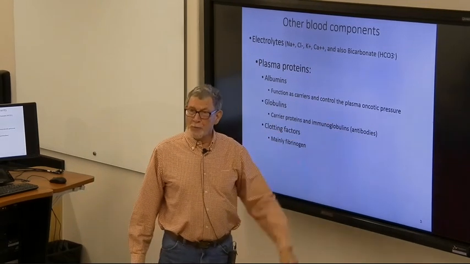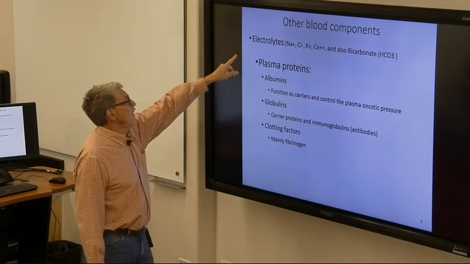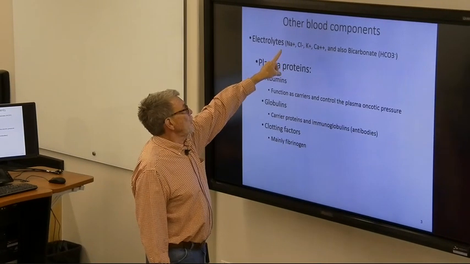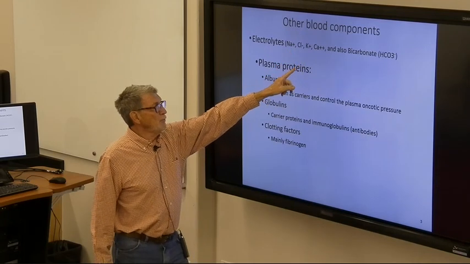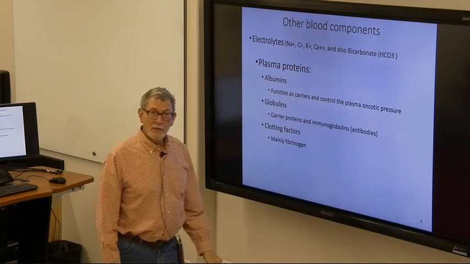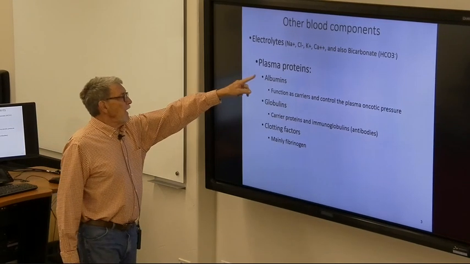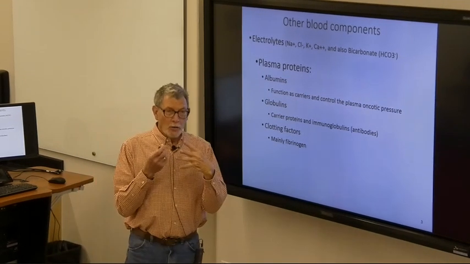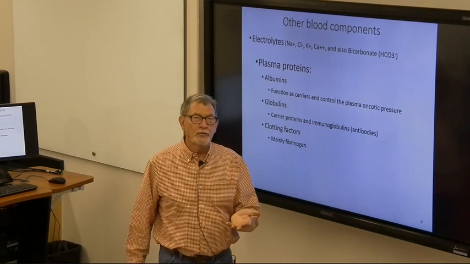Also dissolved in the plasma and somewhat within the blood cells themselves are your electrolytes. Sodium, chloride, potassium, calcium, and bicarbonate are your main ones. Your plasma proteins are big protein substances that are there for a couple of reasons.